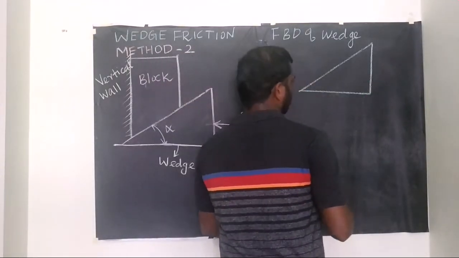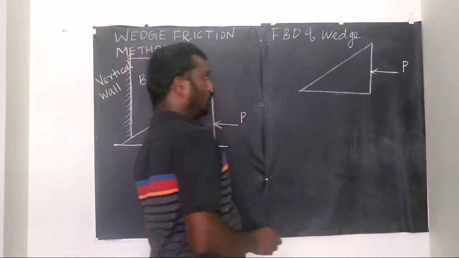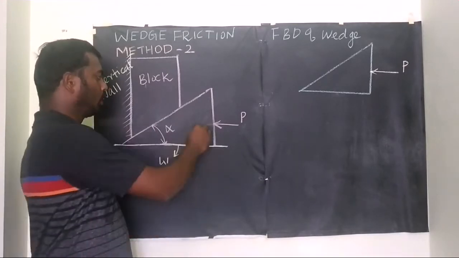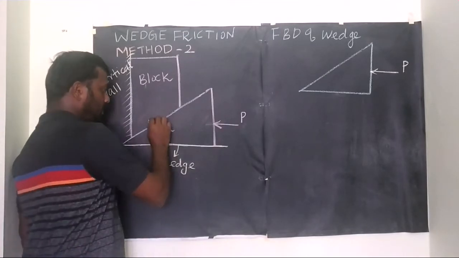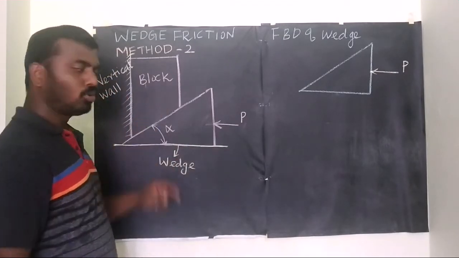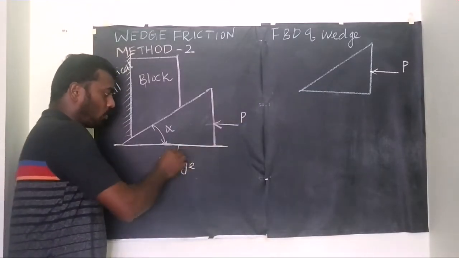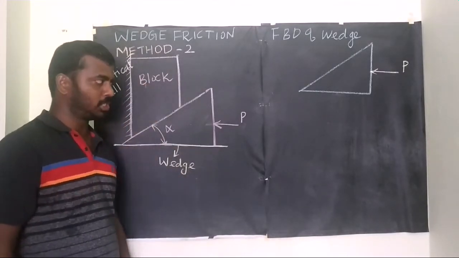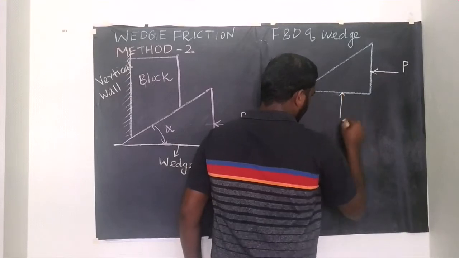This is my external force P. Due to the application of this external force P, this wedge starts to move towards the left. At that time some amount of friction force will exist at the wedge and block junction and at the wedge and floor junction. These two forces should be shown on this free body diagram. Before that, the horizontal floor exerts some normal reaction force on the system to keep it in equilibrium. This is my normal reaction force, denoted by the letter N1.